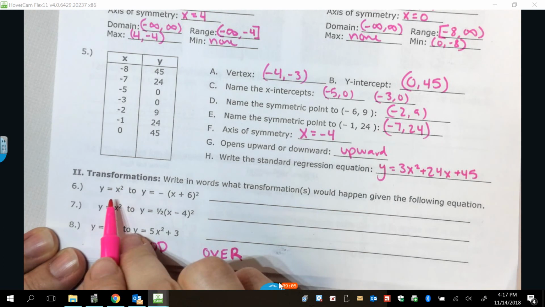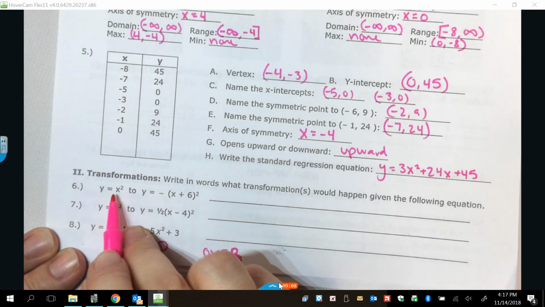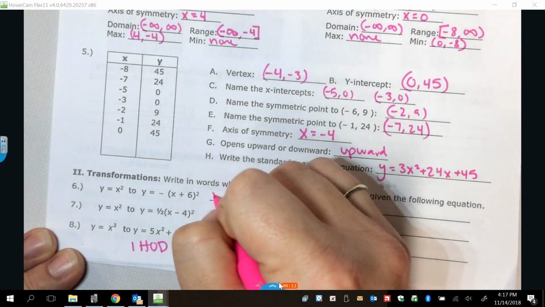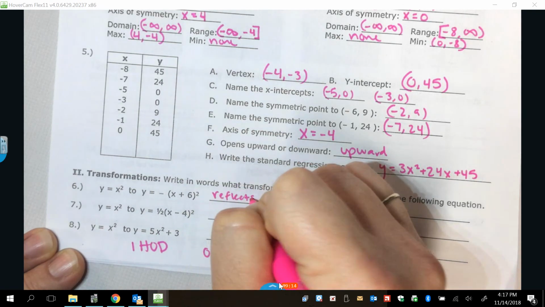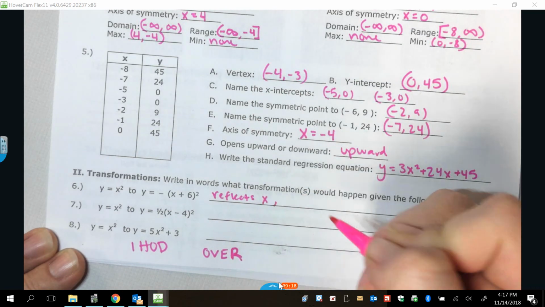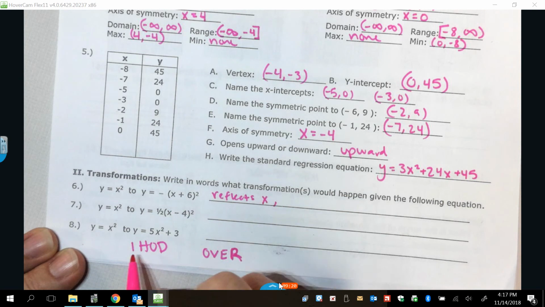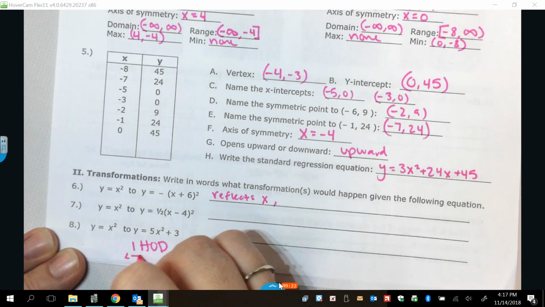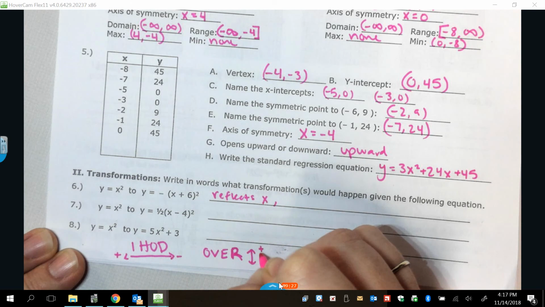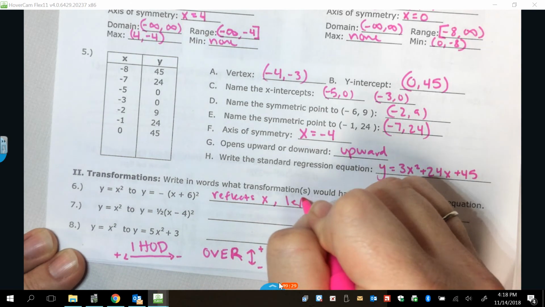Okay, so from here to here, this is just the parent function. So the negative is on the outside, so it's vertical. So this reflects vertically, which is over the x-axis. And the plus 6 on the inside, remember this is opposite, so it's going to be left 6.